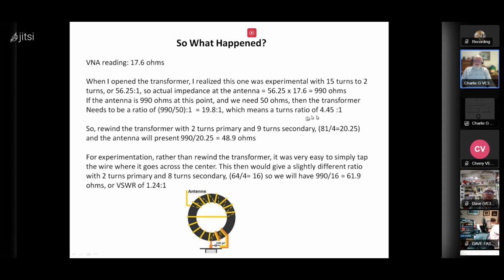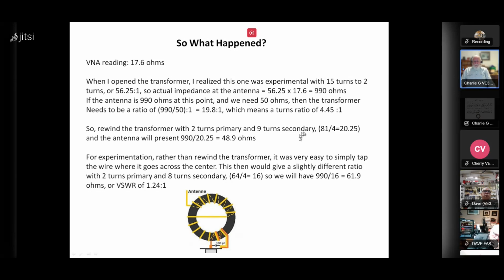So I went off and said, okay, well, now I need a slightly different ratio. And so I set off to make the transformer with that slightly different ratio: two turns primary and 9 turns secondary.